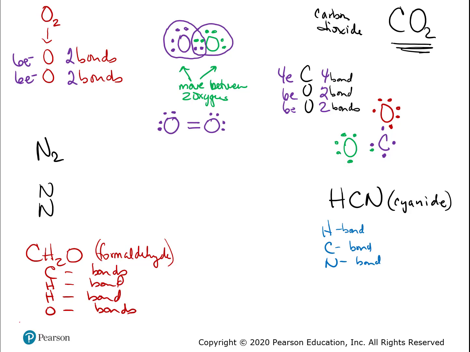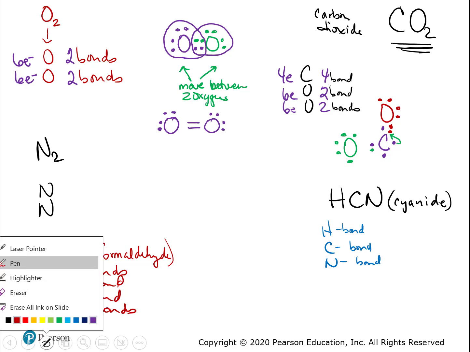With the carbon. And I'm going to take and move that red electron and one of the purple electrons between the red oxygen and the carbon. So I'm going to move this one. So this one is going to go here.